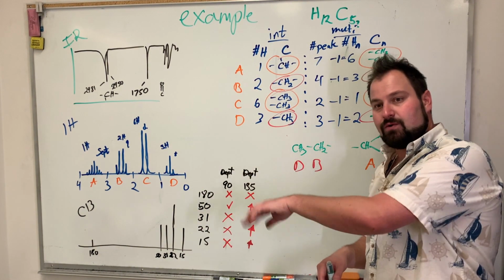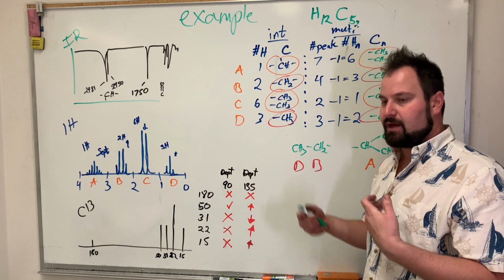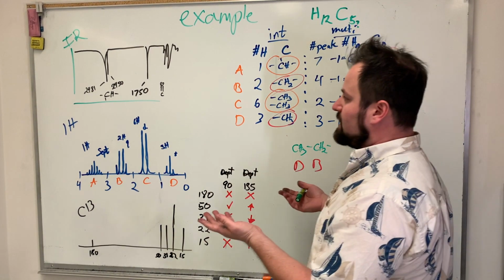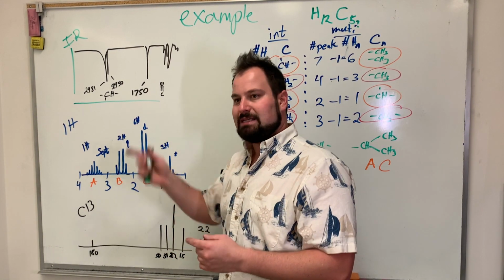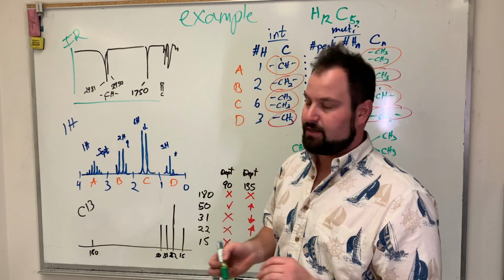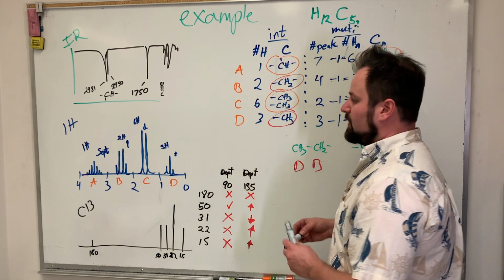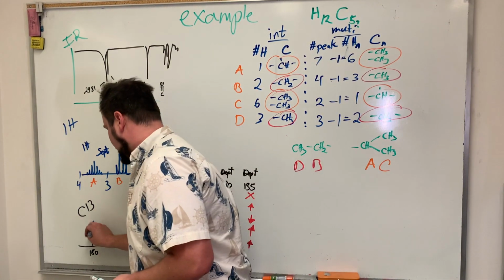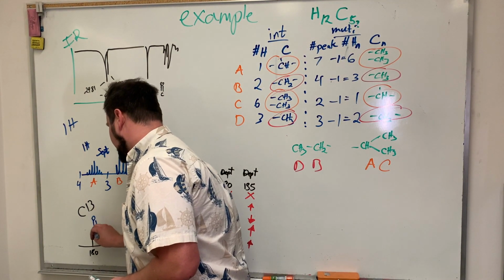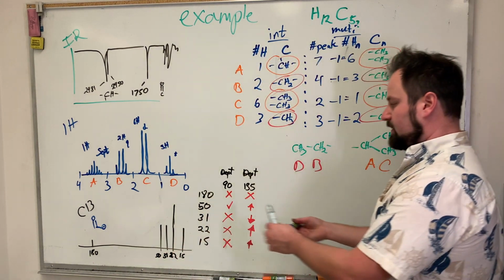That's not an aldehyde or a ketone, okay? So that means that this is most likely an ester. So that's what we're going to go with here. We're going to go with this here is probably an ester of some kind.